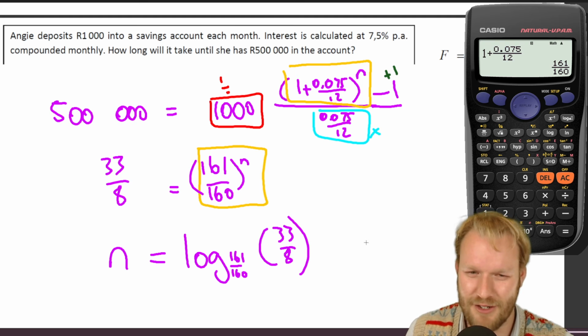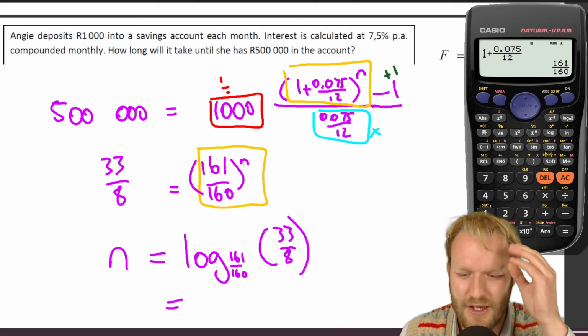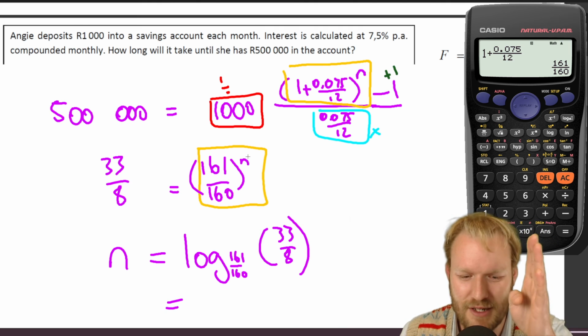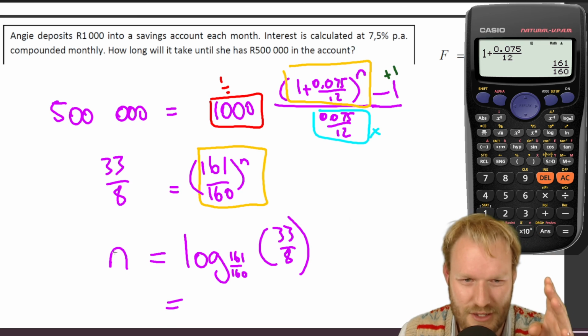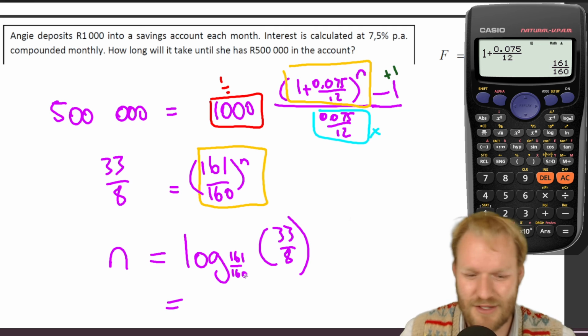So just remind yourself of how logs work. And remember, the way that we had thought about it before was that we want the exponent to be the subject, and the base stays the same, and then the log of that thing. And that was in our fancy intro video.